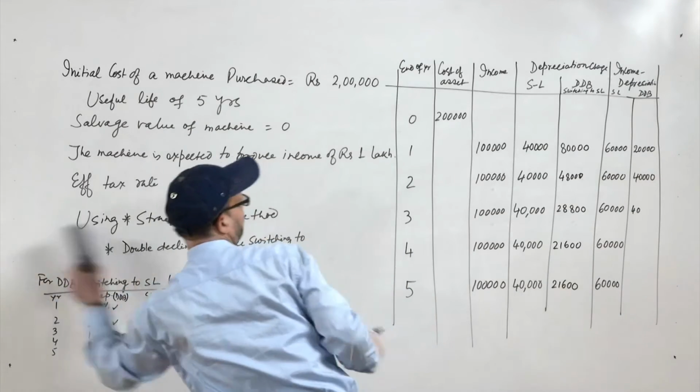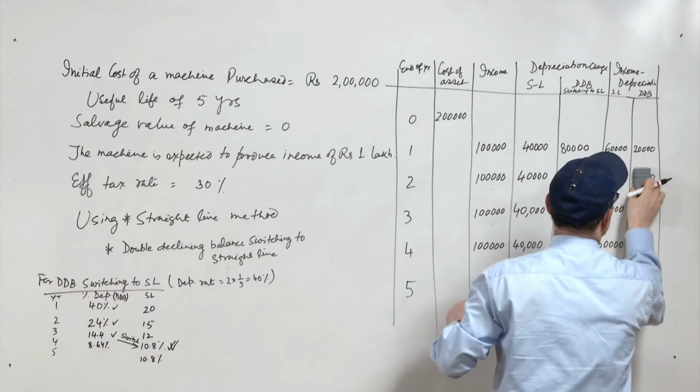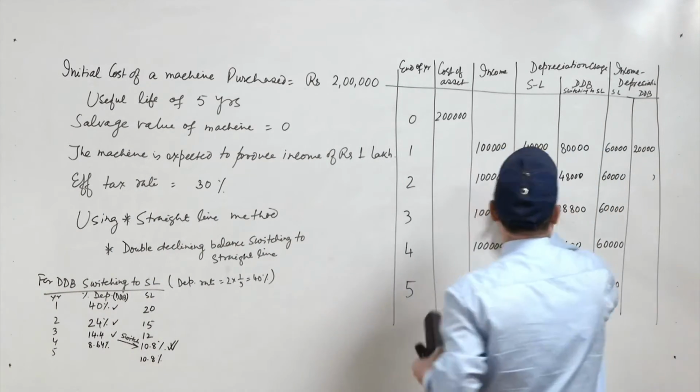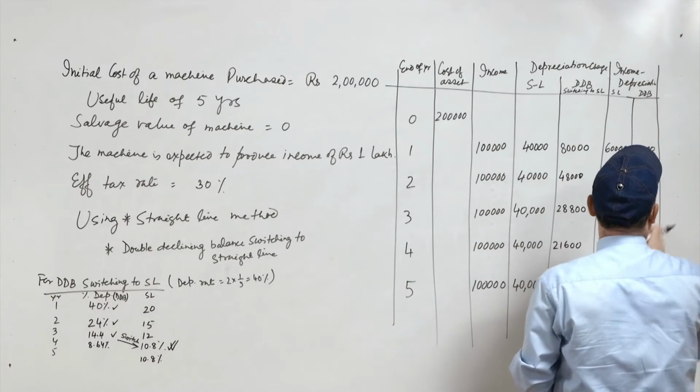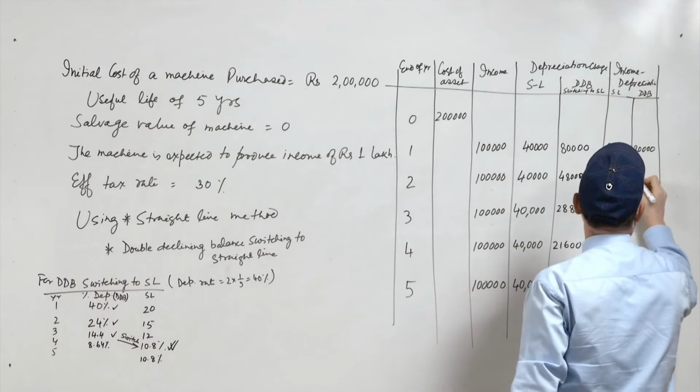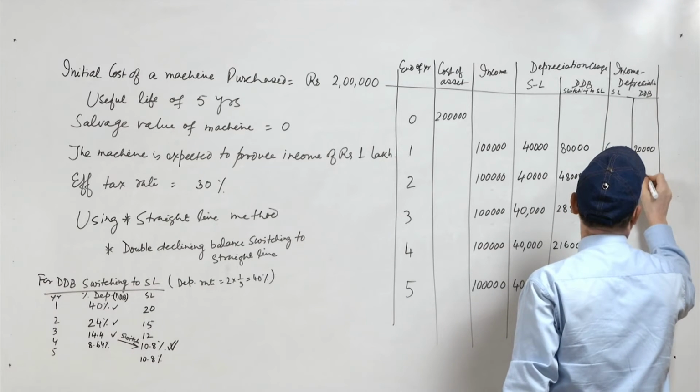It was a mistake. In this case, 1 lakh minus 48,000, so it will be 52,000.